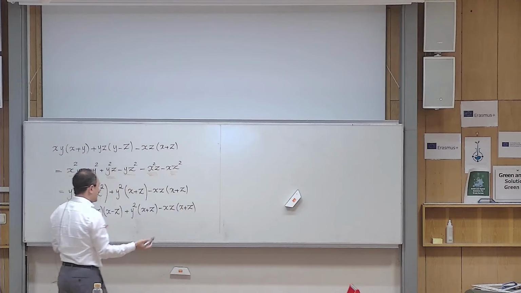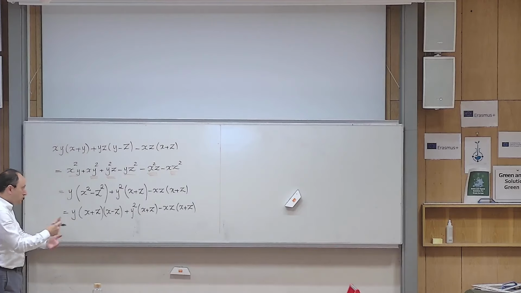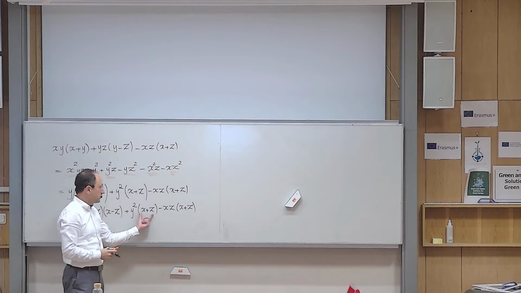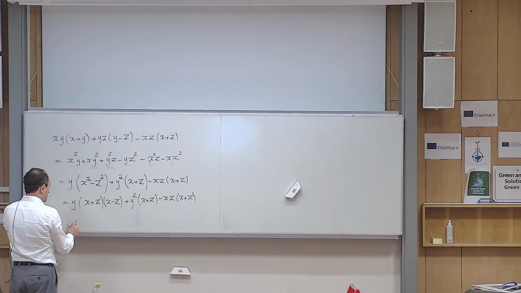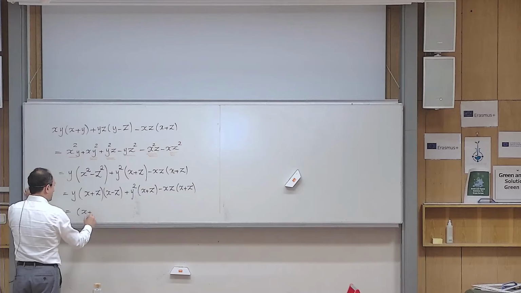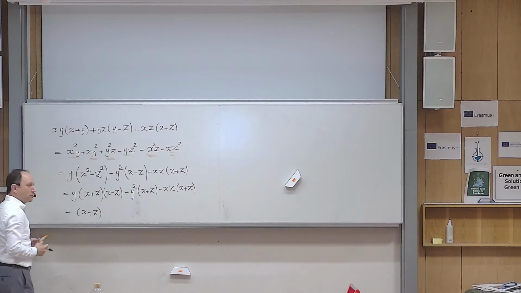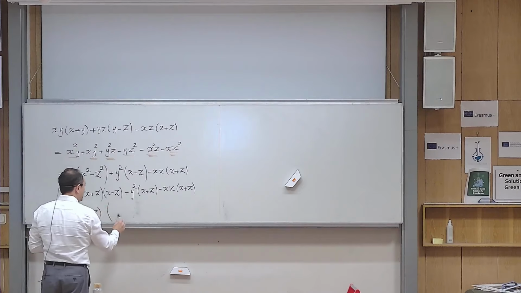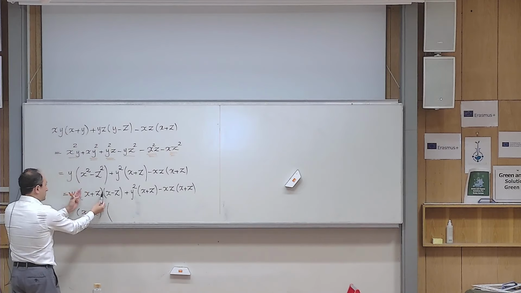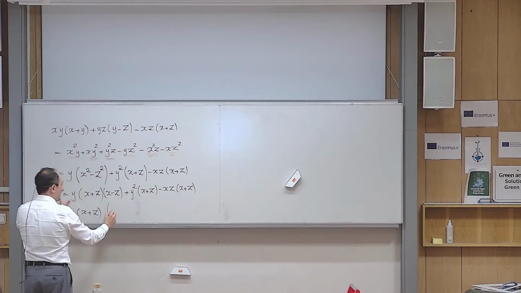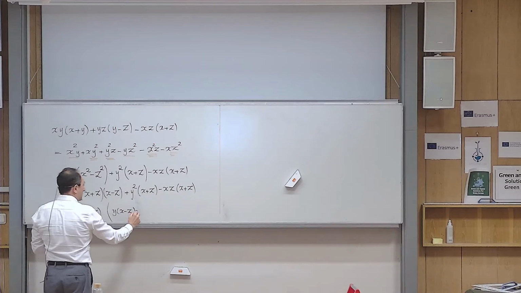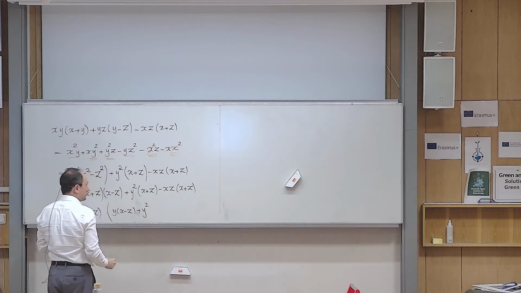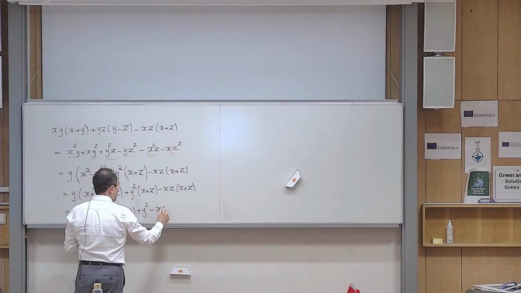So now you see I would consider this new grouping a successful one, because x plus z is a common factor to all of them, and whenever this happens, we become very happy if our problem is factorization, so I pull it out. Be careful what is left now. I am pulling this out, so y and x minus z both are left from this. From this one, only y squared is left, and from the last one, minus xz is left.